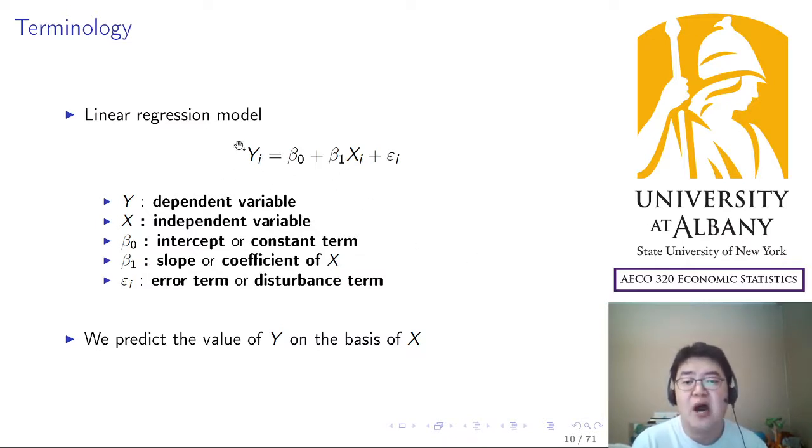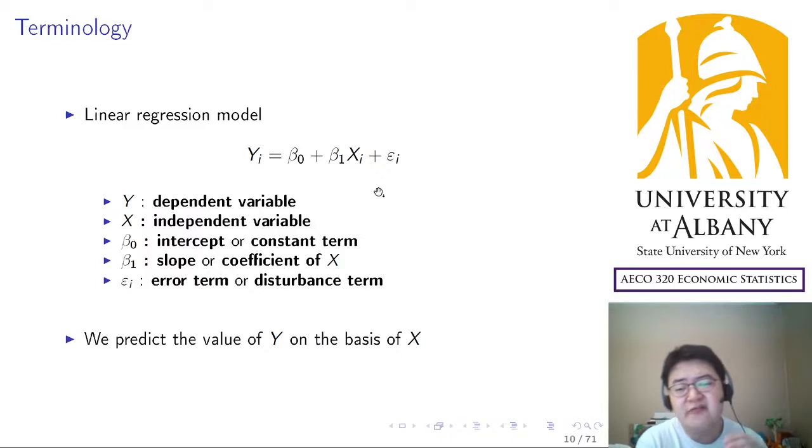In general, y is called the dependent variable because it is determined by x. So when you produce a certain output, the cost is determined by the amount of the output. And x is called the independent variable, or sometimes the explanatory variable.